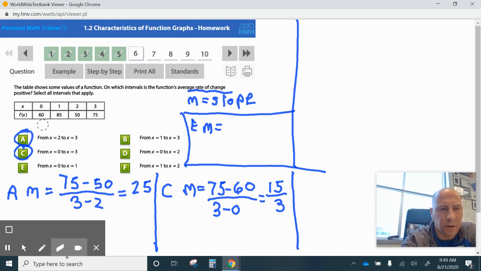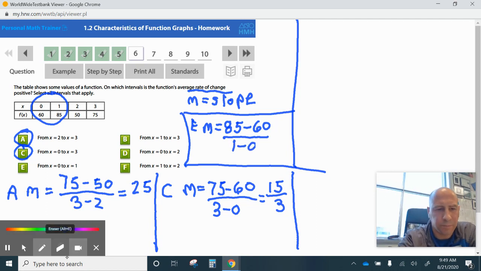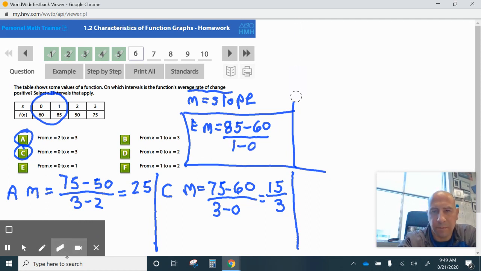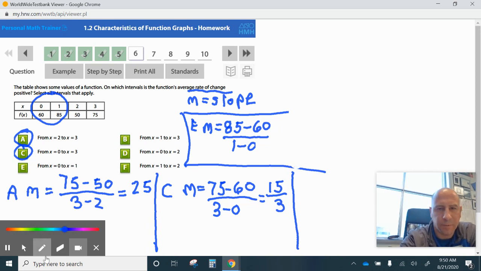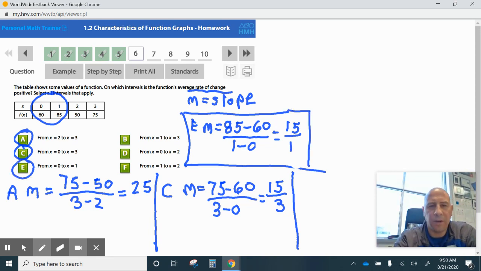So looking here, that's 85 minus 60 divided by 1 minus 0. Let me give myself a little bit more space. Well, that's 15 divided by 1, which is positive. So far, A, C, and E have positive rates of change.